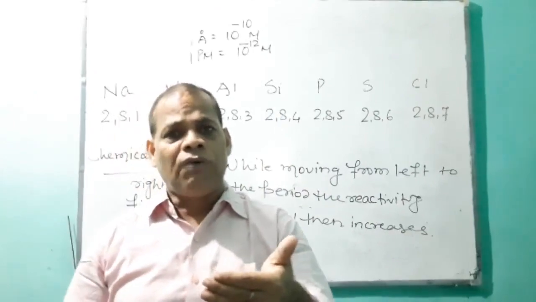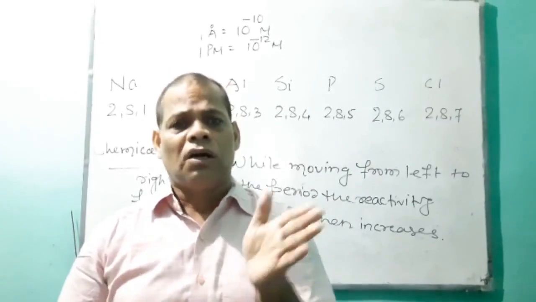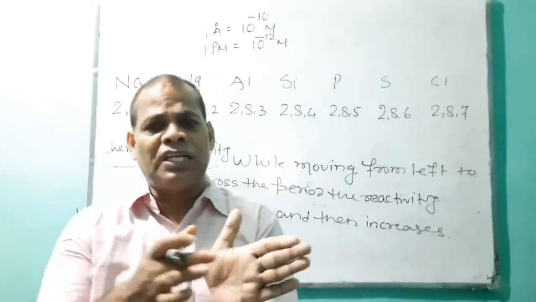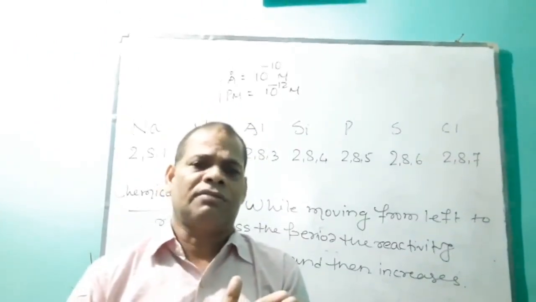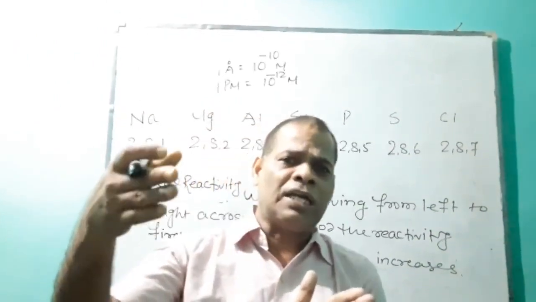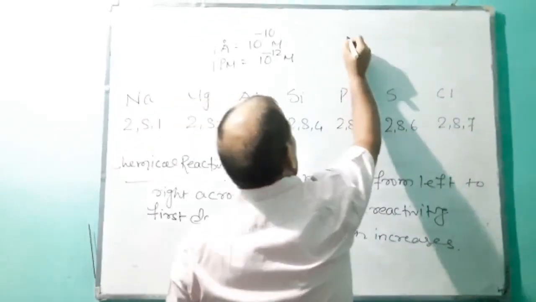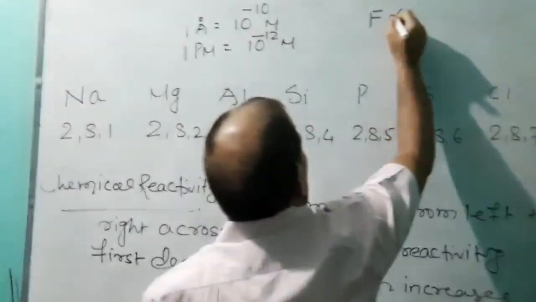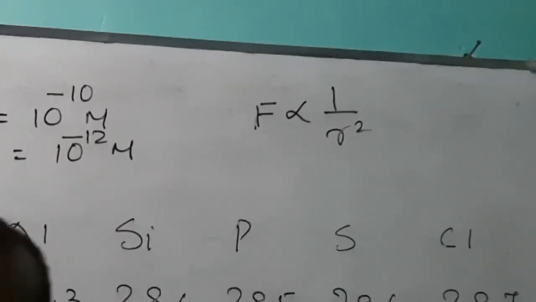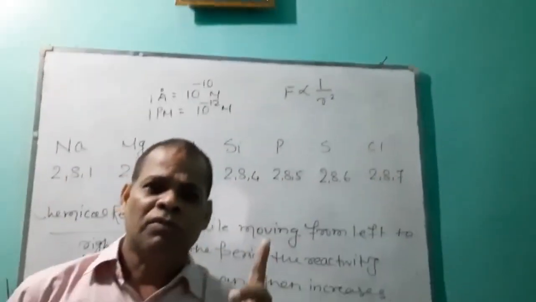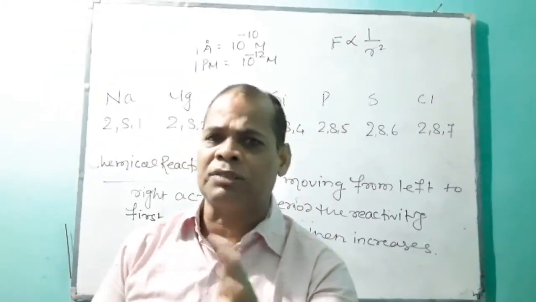So when we talk about the tendency of losing electrons, when the distance from the nucleus to the outermost shell of an atom is larger, then the outermost valence electron is loosely held by the nucleus, because from Coulomb's law, F is inversely proportional to the square of the distance between them.